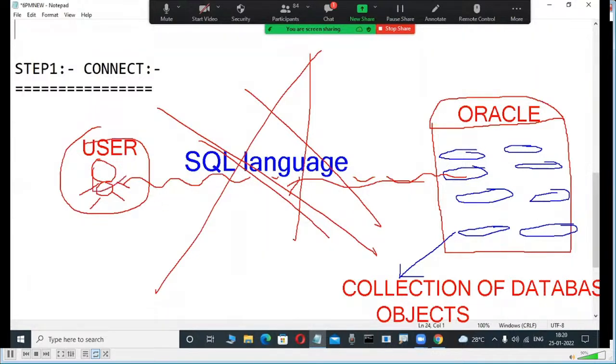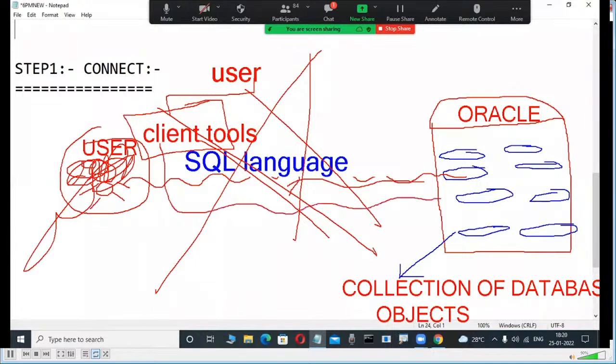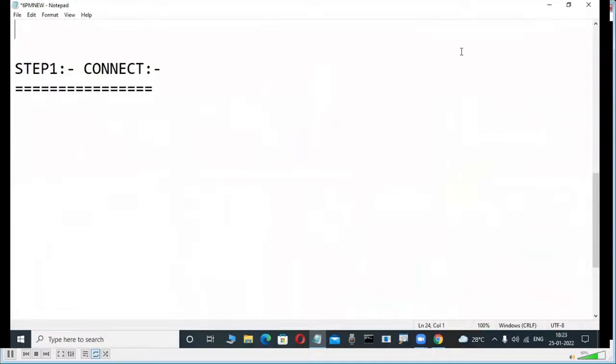These are called client tools or query tools: SQL Plus, SQL Developer, Toad, so many tools are there. Only through these client tools are they connected to the server, and then they use the SQL language.